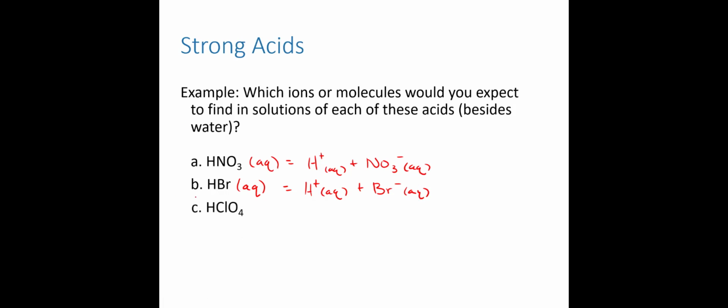And even though you've never seen perchloric acid here, we can pretty much just follow the pattern to figure out what the ions must be. We have an H in the front, so that gives you a proton, and it gives you a perchlorate ion, ClO4 minus.